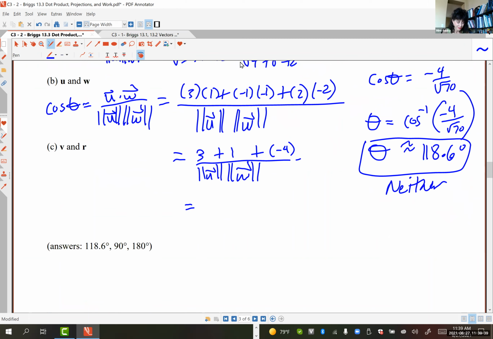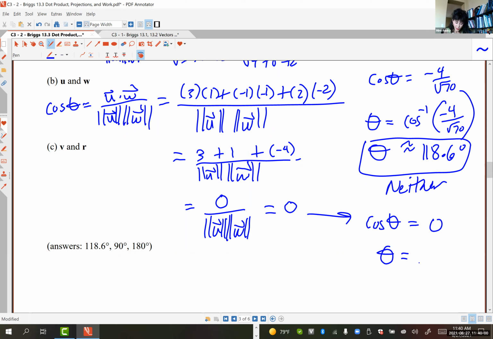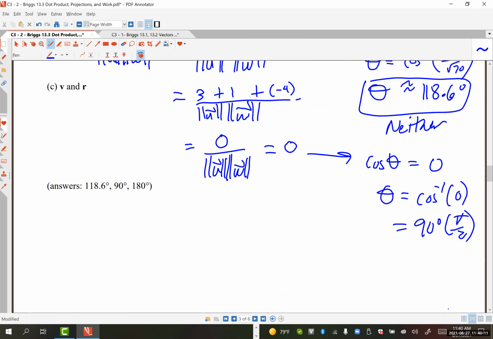Zero. All right. Now, what is 0 divided by a positive number? 0. And so what is that telling us? My cosine is 0. So cos inverse of 0 is 90 degrees or pi halves. Orthogonal, parallel, or neither? Orthogonal.